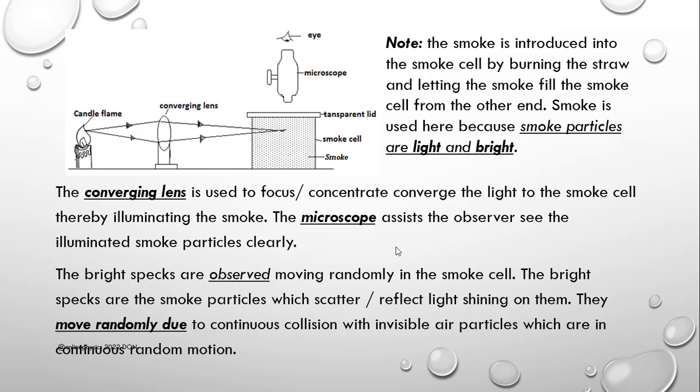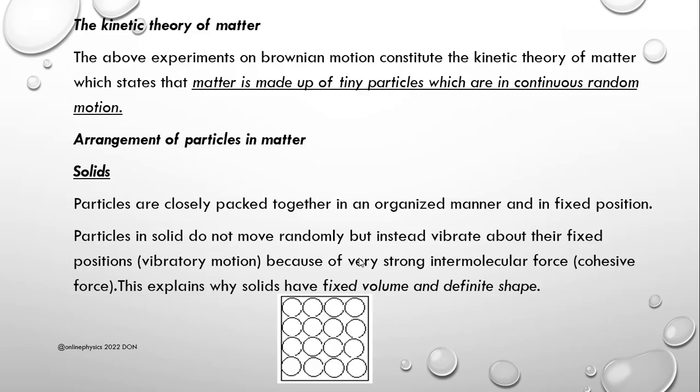Somebody can ask you to explain what happens when there is a temperature increase in the smoke cell. Definitely the bright specks will be moving faster because of the increase in the kinetic energy of the smoke particles. So that is also another good question. For students, you should be prepared to answer questions from this part.